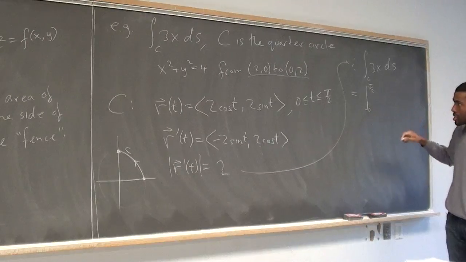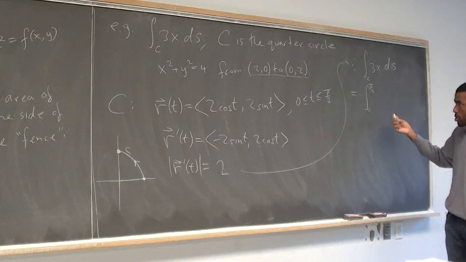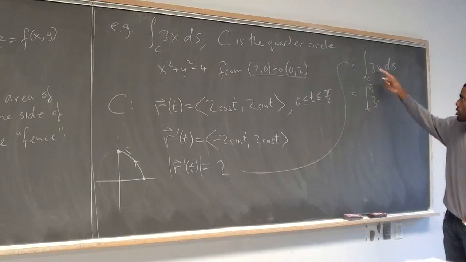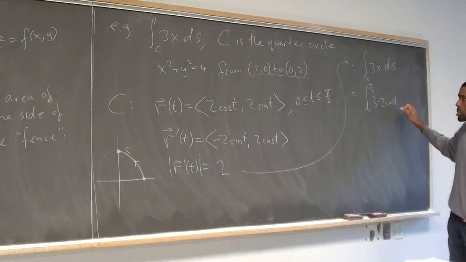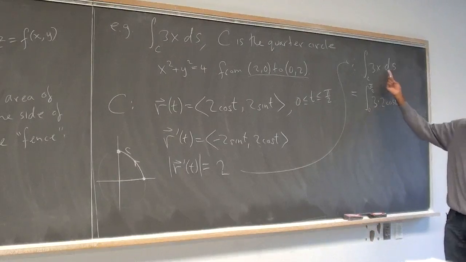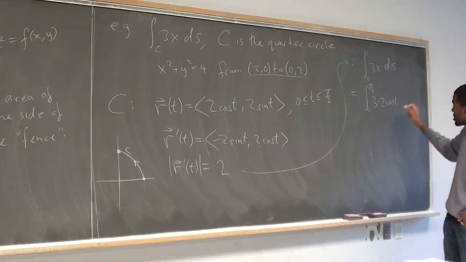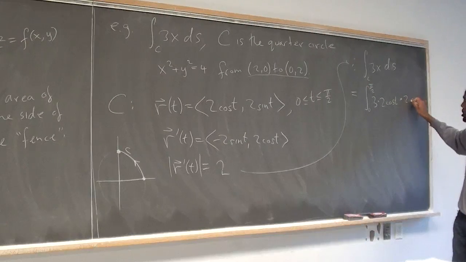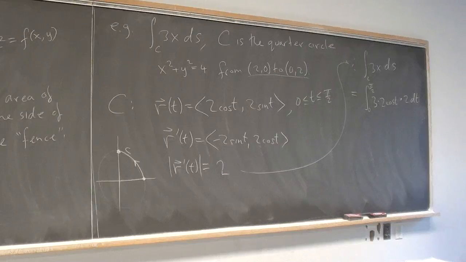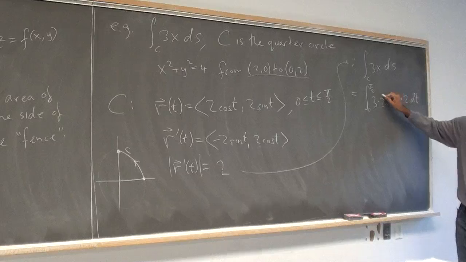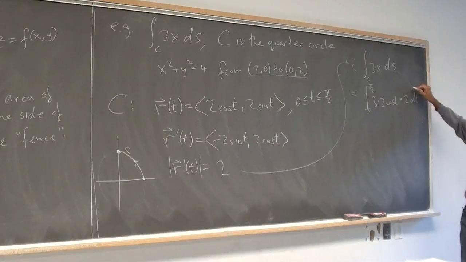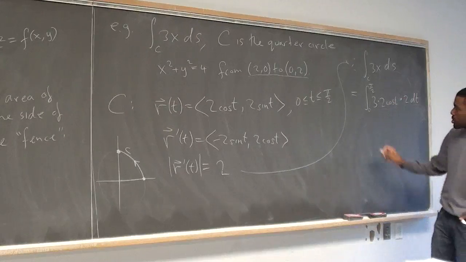It would be 6 cosine t, because the 3 is there, and I multiply by the x, which is 2 cosine t. Now the ds is replaced by the magnitude of r prime dt, so I multiply by another 2 dt. So that's your 3, this is your x, and this is your ds. So we end up with what?